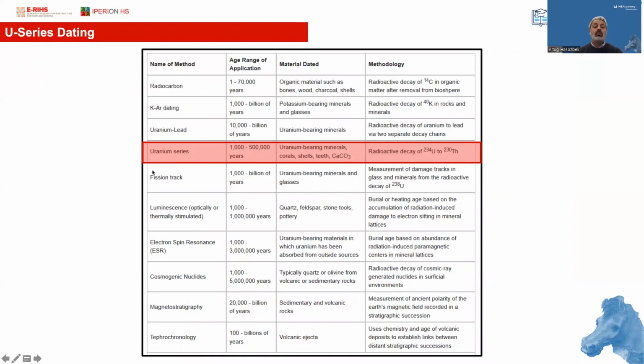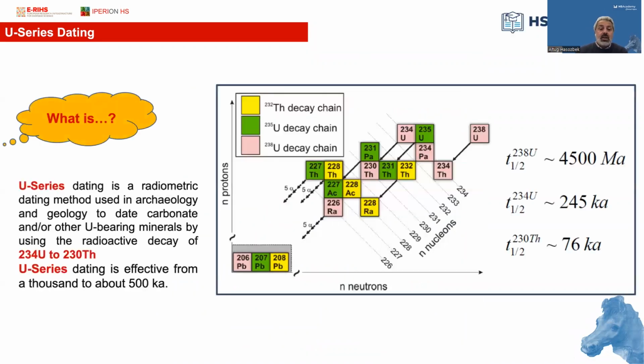If your material has uranium-bearing minerals, like coral, shells, or teeth, you can easily use this technique, using the radioactive decay of 234 uranium to 230 thorium. This is a radiometric dating technique used in archaeology and geology.